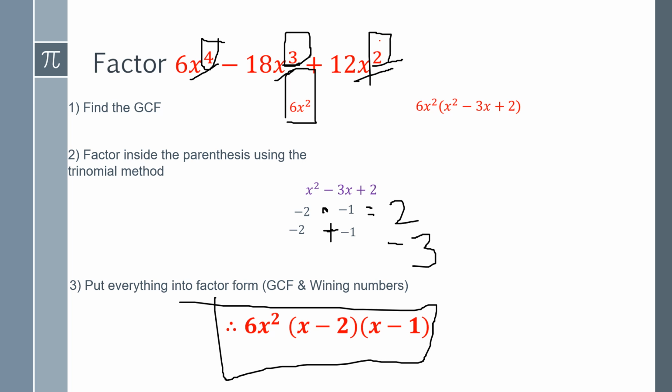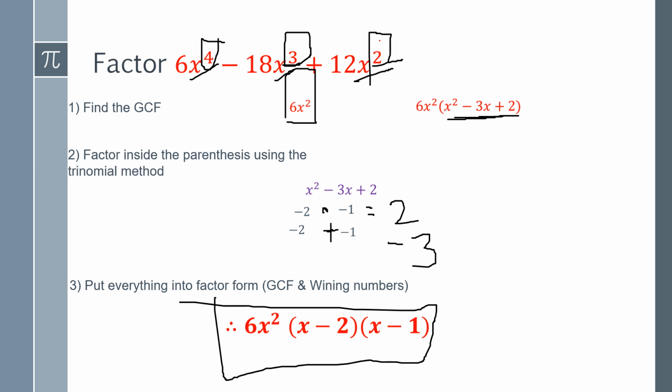It is critical for us to understand how to factor out variables and exponents. It is beyond critical at this point. And then from there, we were able to look at the inside of that trinomial, and we realized that it was factorable.